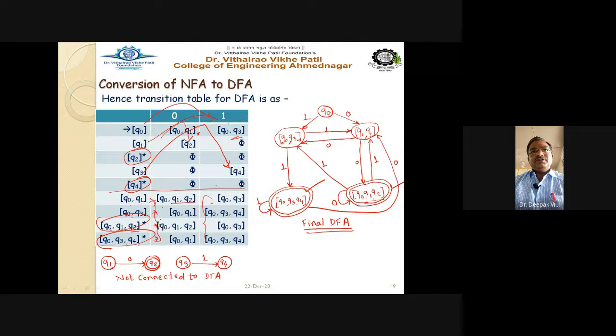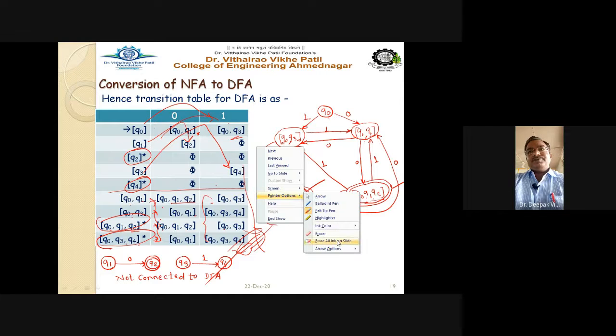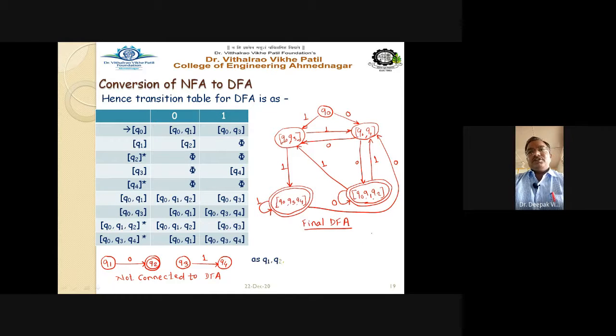So this is the transition that is not connected with our DFA. That's why these are excluded from the resultant DFA. No need to include these transitions because there is no transition from any state of the DFA to this state. That's why these can be removed. This cannot be included in the resultant DFA, right? Okay. So that is our final DFA.